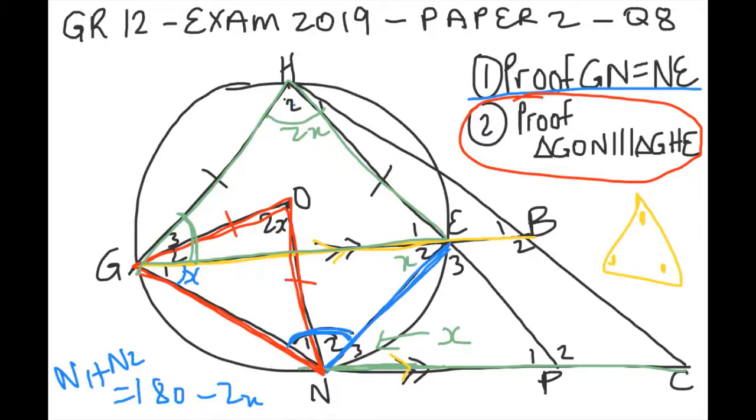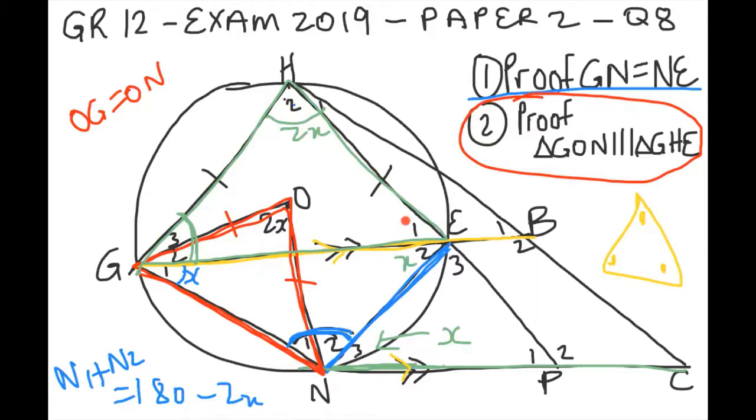So OG equals ON, both are radii. If this is 2x and that is 2x, then in the green triangle you have two sides that are the same, that's given, and in the red triangle you also have two sides that are the same.